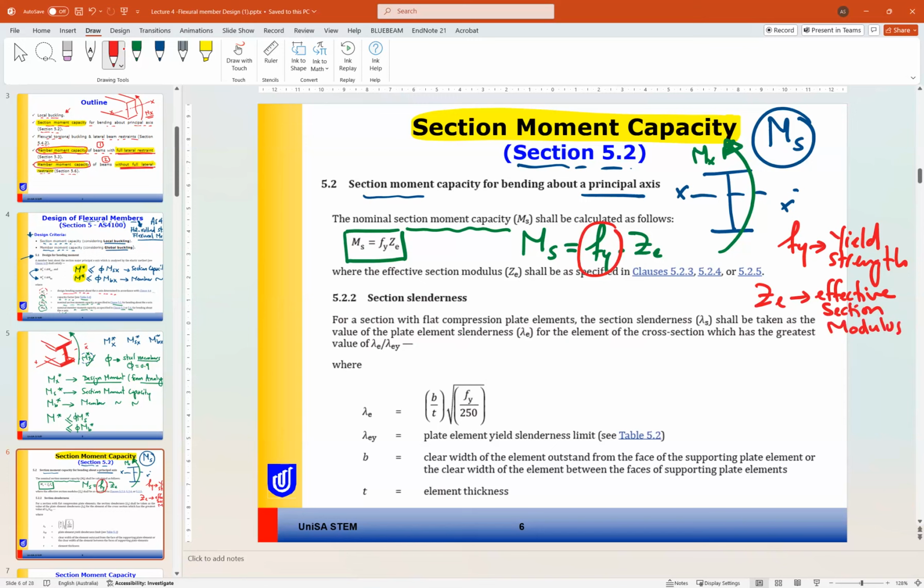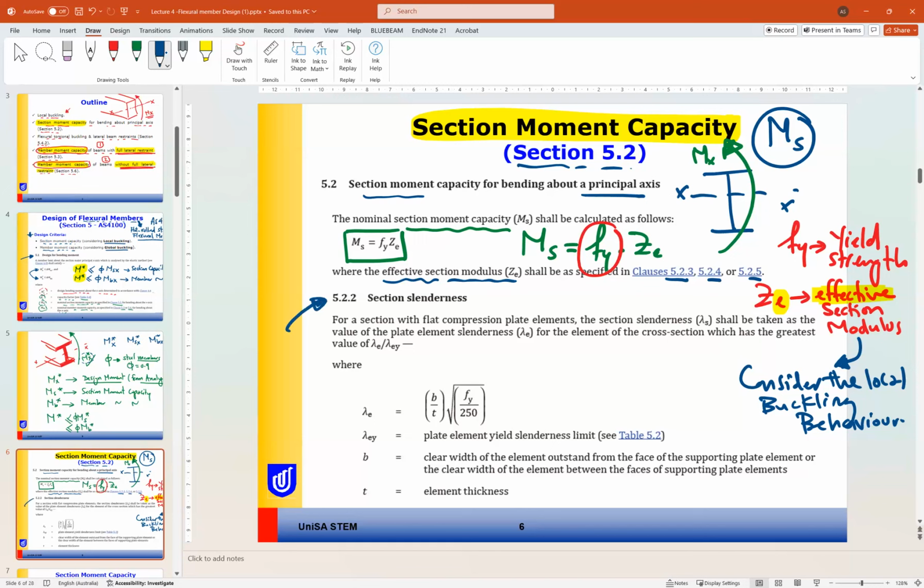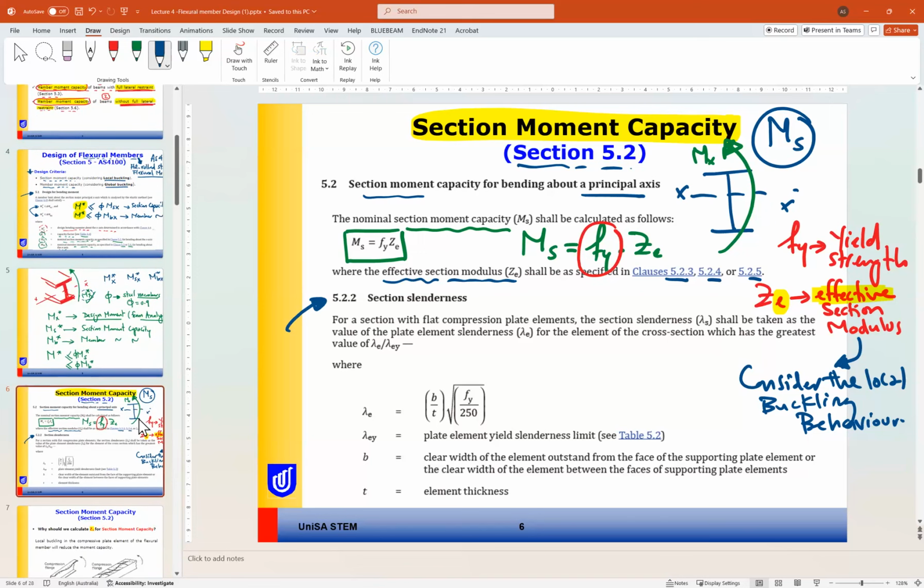Okay, effective means, if you know effective, why effective? Effective to consider the local buckling behavior of the member. So where Ze is the effective section modulus, and we will know now how to find it using clause 5.23, 5.24, and 5.25. And to find the effective section modulus, we need to find the slenderness ratio of the section.